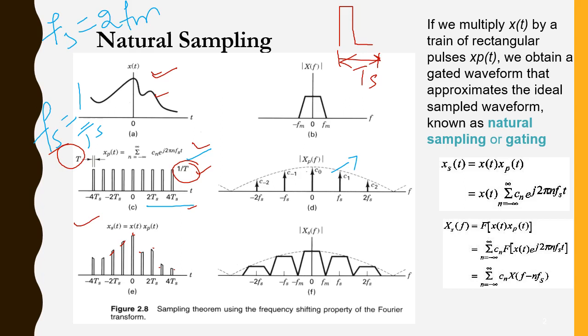Because we can convert this Fourier series expression, cn e to the power of j 2 pi n fs t, and bring it into the sinc expression, where sinc of y is equal to sin of pi y divided by pi y. That is what is being done, and we get that expression in terms of sinc, and it follows the shape and characteristics of a sinc.